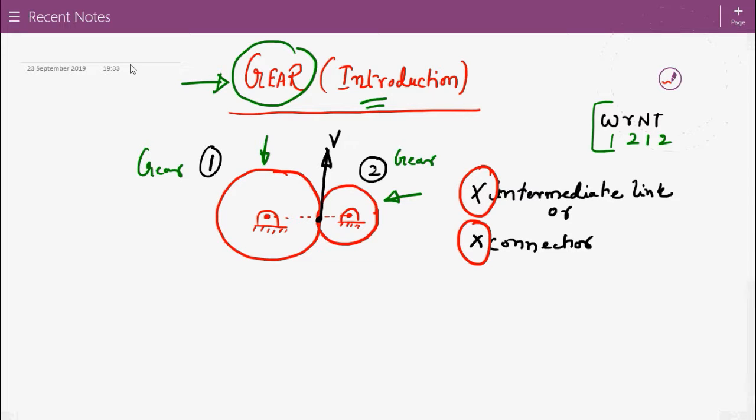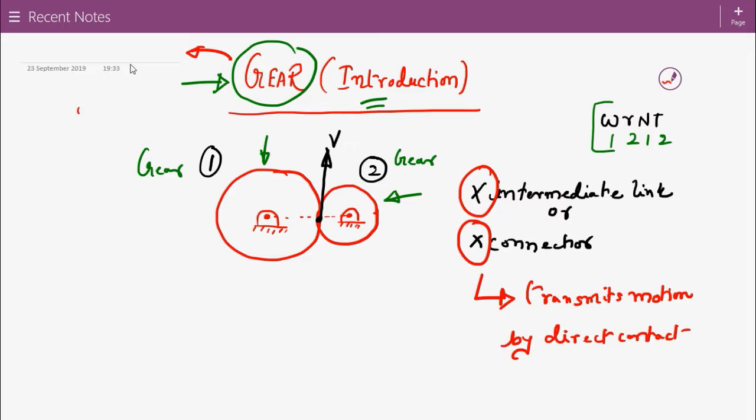It doesn't use, okay, and thereby it transmits motion by a direct contact. Are you getting my point? So gear is that machine drive, you can call it a machine element or machine drive, that uses no intermediate link, no connector, but transmits motion by direct contact.